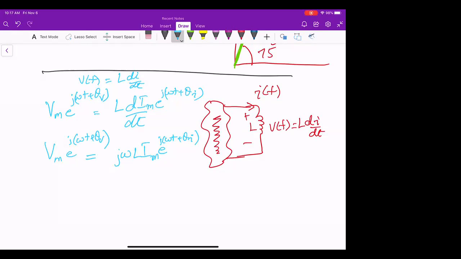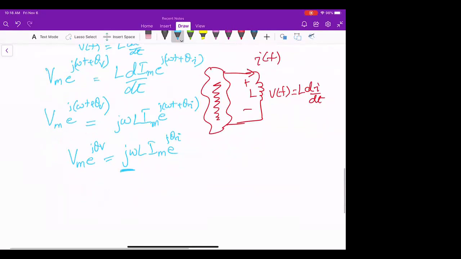Now, if I'm writing it in the phasor form, I will see that if my omegas are the same, I can get rid of them. I can just write it in this form. But the difference from the resistor circuit is that I have j in it.